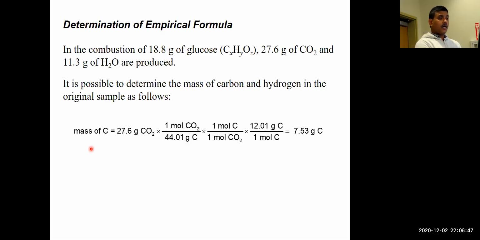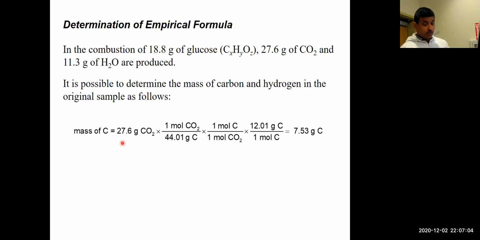So to identify the mass of carbon, you're going to take where the carbon is present in the carbon dioxide, and there is 27.6 grams of carbon dioxide formed.